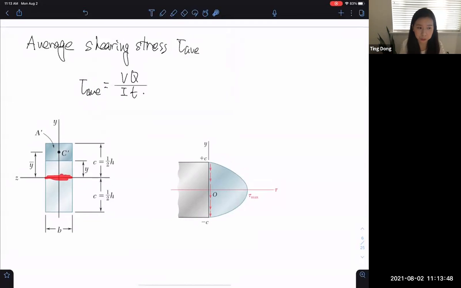And we also showed why we can consider this a constant in this direction. I showed you a table of when this is never enough. So this is the basic equation, VQ over It.